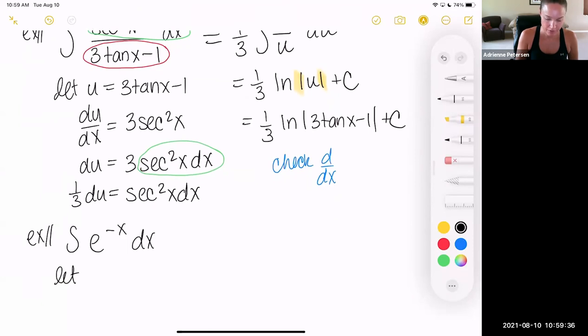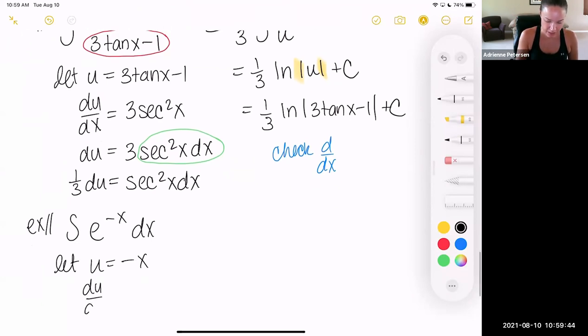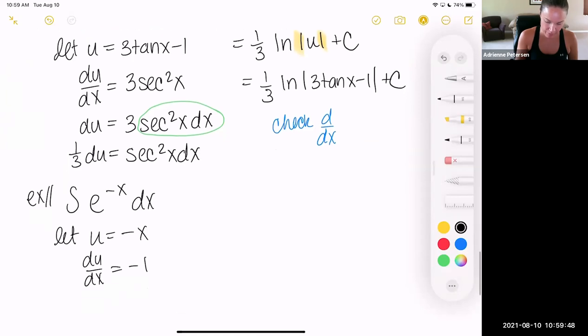Yep, negative x, good. So whatever's stuck inside, so that negative x, that's kind of stuck inside that exponent there. So let u be negative x. So du dx is equal to -1. So du is equal to -1 dx.